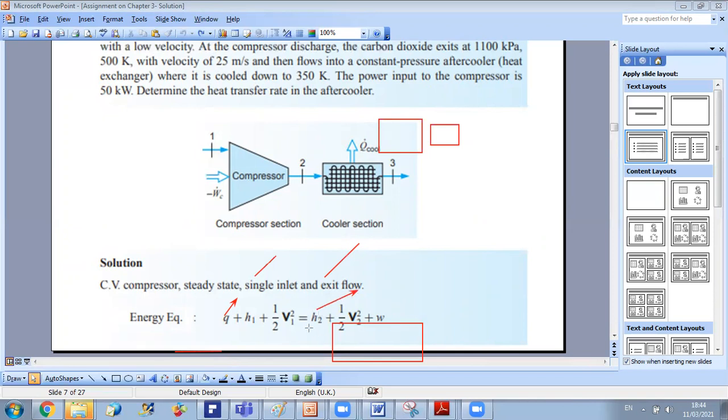So if V2 and W are constant, for example, H2 will increase, because Q is positive, meaning it's provided to the system. Because we use the opposite convention for W, we put it on the side of the outlet. So if I provide work, then W is negative, and this will lead to an increase of H2. This is why I put W on this side.